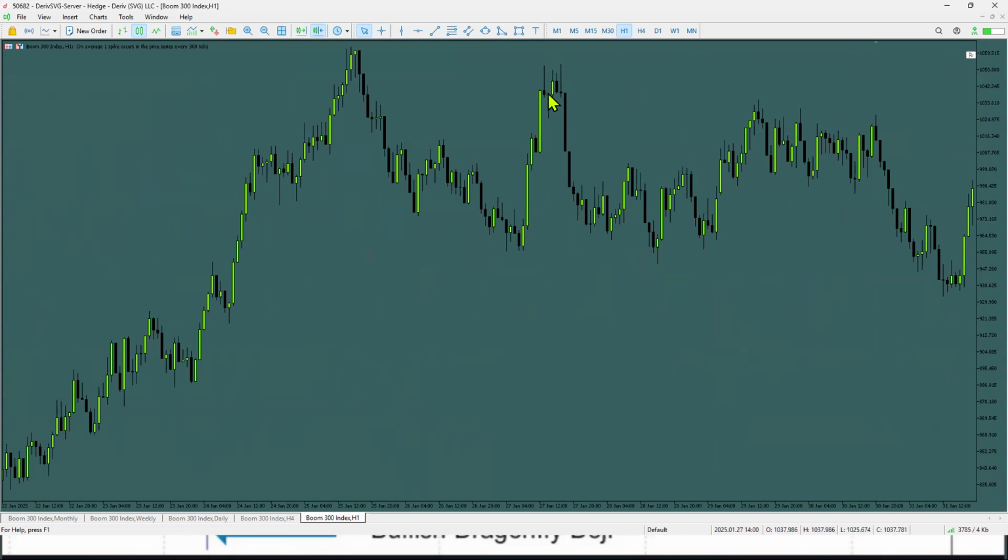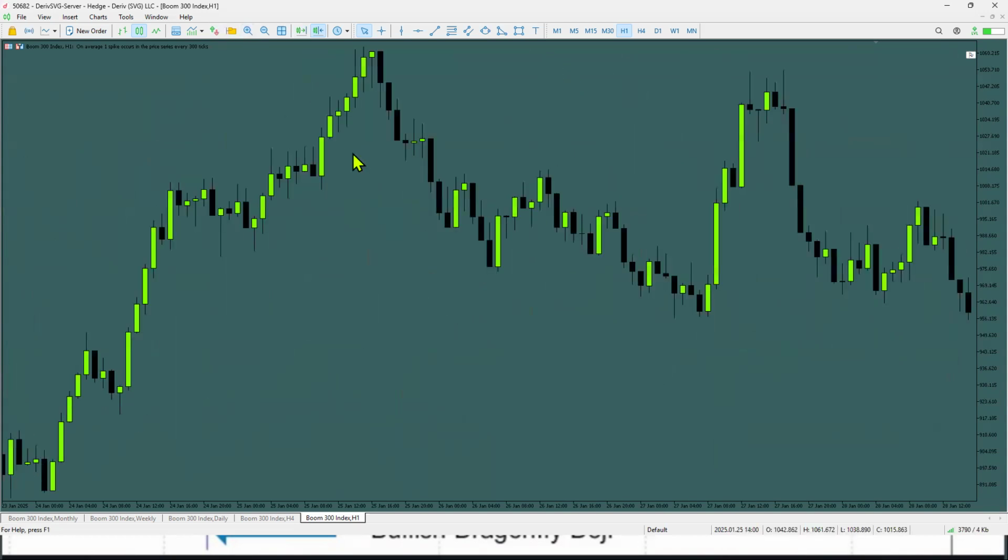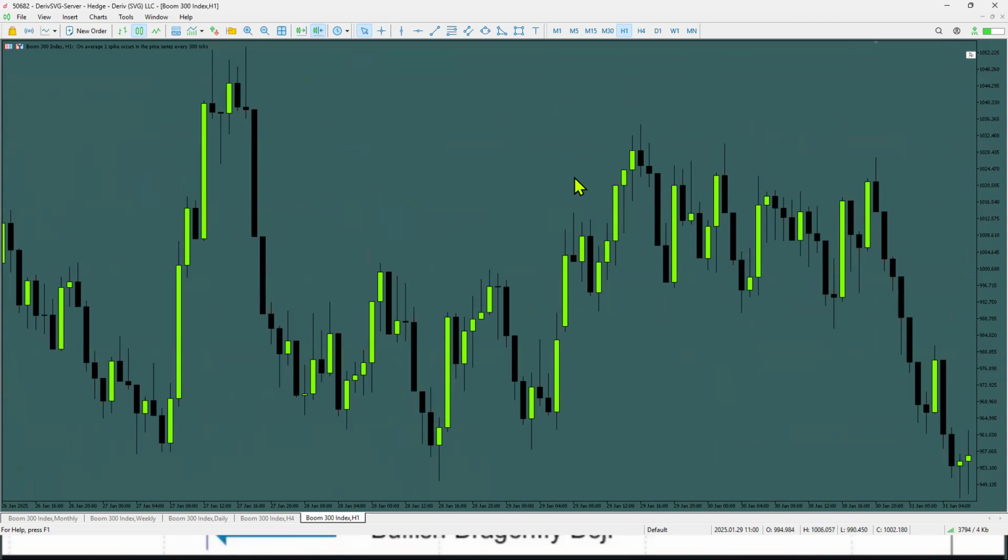Look at this one. Can you see it? That's the bearish doji star. Right?